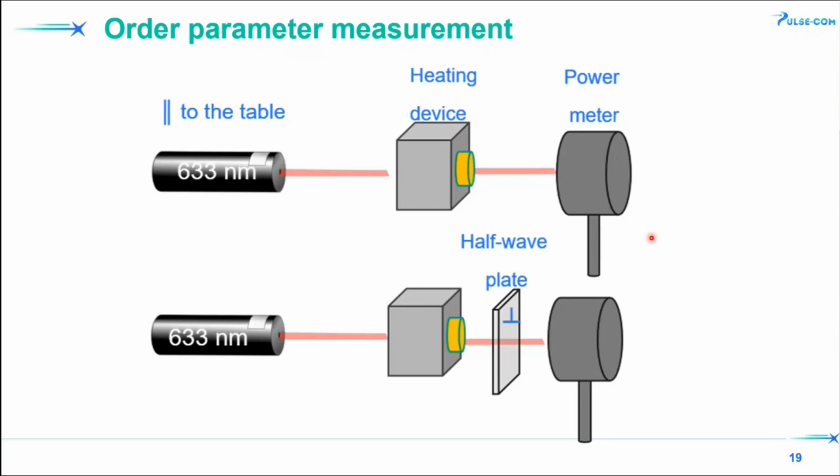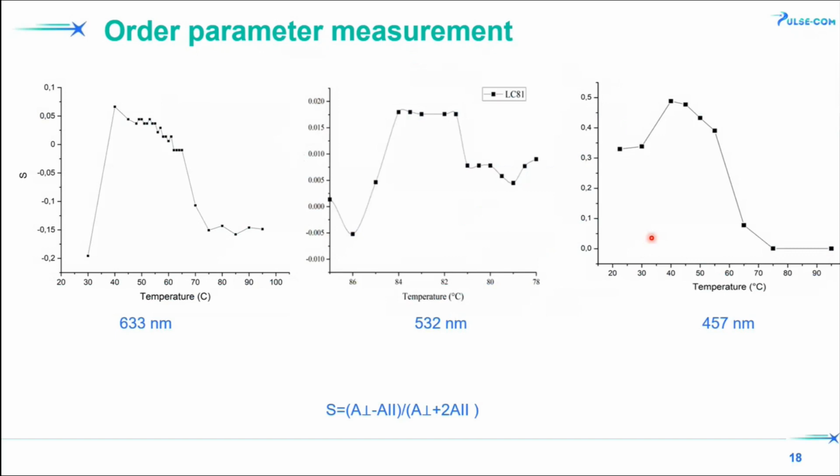So your cell is in between, and basically what you're going to do is measure the transmission starting from the isotropic temperature going down, until your monomer becomes crystalline again. It's important that your cell is parallel or perpendicular to the table with respect to the rubbing. This way, you measure the transmitted light in this condition, calculate the absorbance from that, and then put it in the equation. You will have, of course, your order parameter. It's a very practical approach, actually.